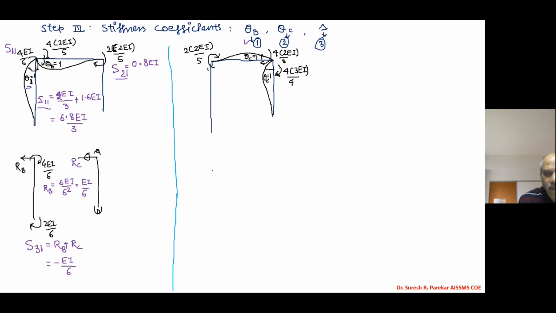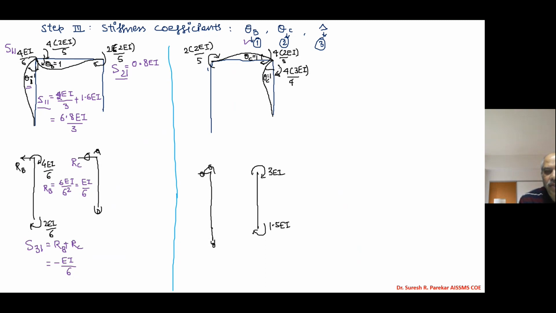Now when we go for the third displacement, we have values 0 over here, so our RB becomes 0. And then we have RC. So we have this value, 4 EI, 3 EI, and half of this, 1.5 EI.